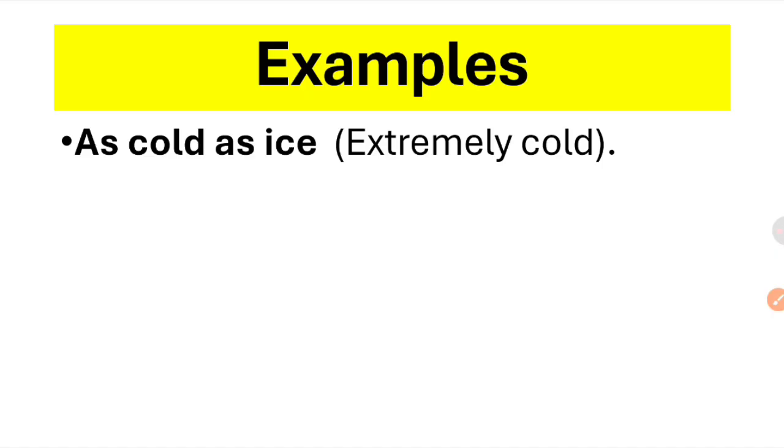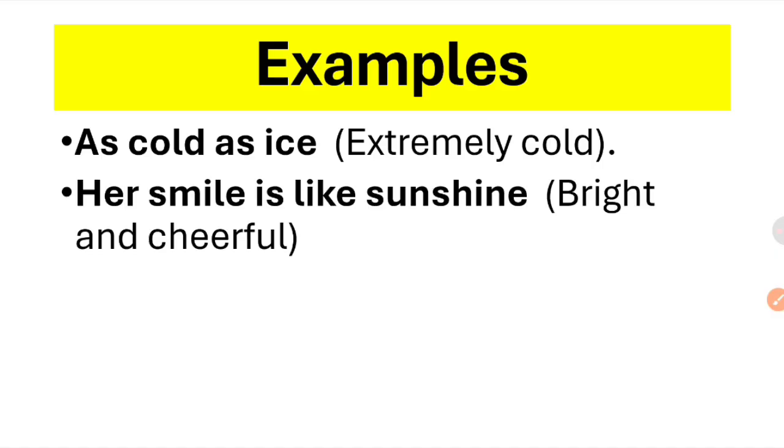Here you want to say that he doesn't have emotions, or that he is not as emotional as any other person is. Or his hands are as cold as ice. That means his hands are extremely cold. So in this way you can use simile to convey this thought that you want to say that something is extremely cold.